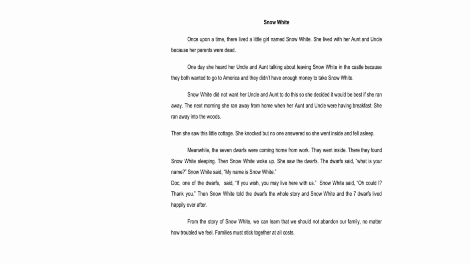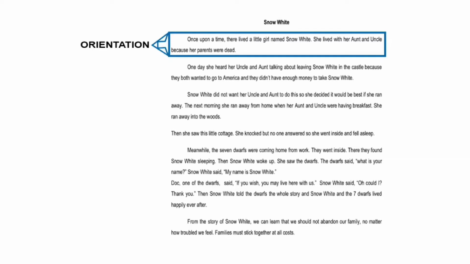Now, after we learn more about narrative text and its components, let's take a look at this example. The story is about Snow White. What is the first paragraph called? Yes, it's the orientation, the beginning of the story that introduces the characters and the setting of the story. The next two paragraphs, what are they?